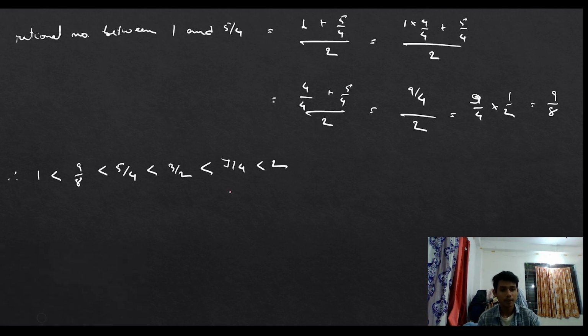Till now we have found 4 rational numbers between 1 and 2, and the last is left. Now to find the last rational number, we'll find the rational number that is between 7 by 4 and 2.